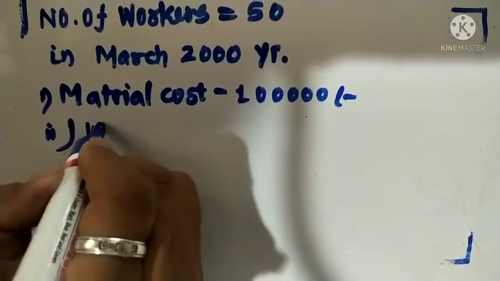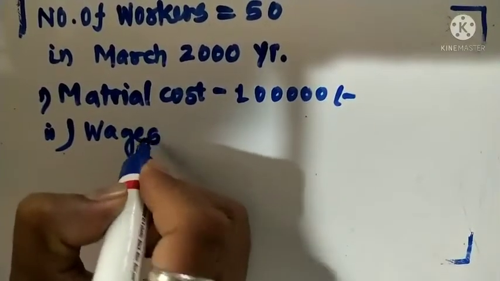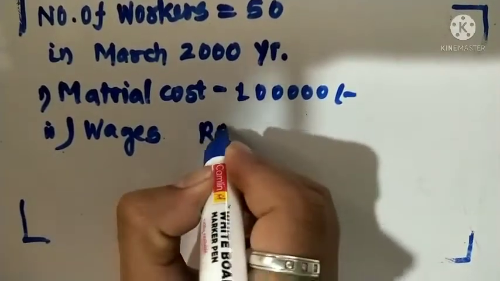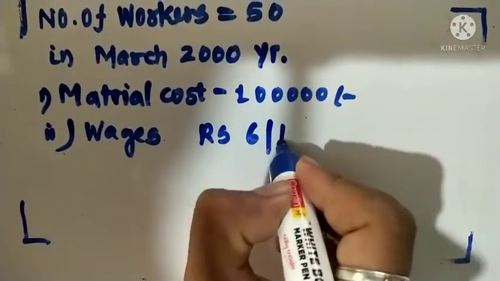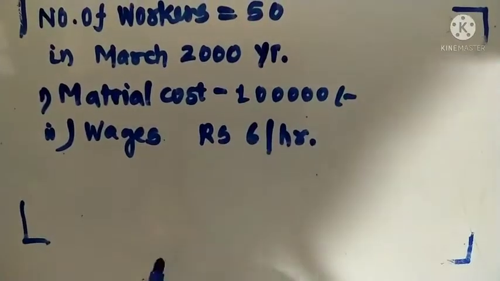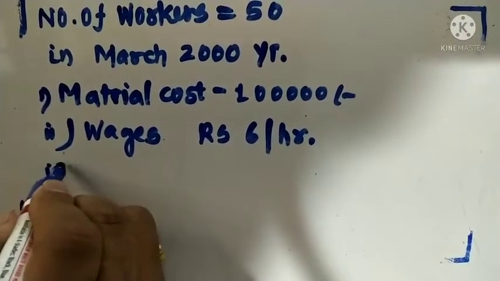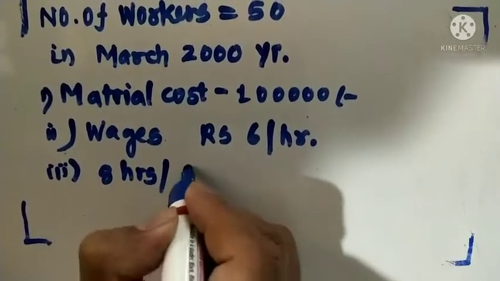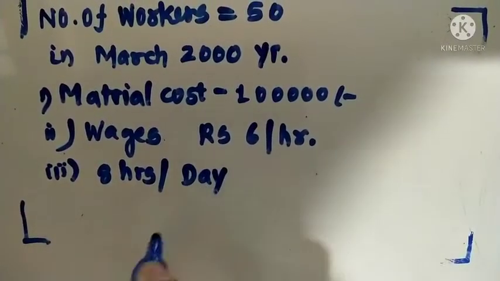Second given data is the wage rate is 6 rupees paid per hour to a single worker. Third given data is they are working 8 hours per day.